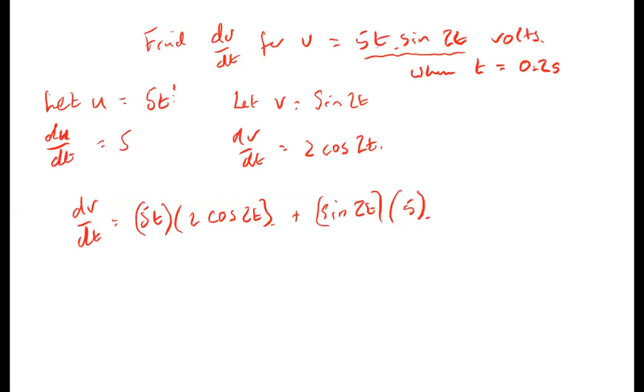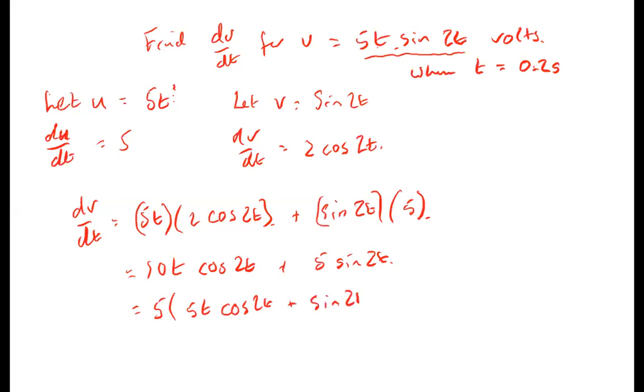And we can tidy that up. We got 2 times 5 is 10t cos 2t on that side, plus 5 sine 2t on that side. And we could, if we wanted to, take a 5 outside, 5t cos 2t plus sine 2t.